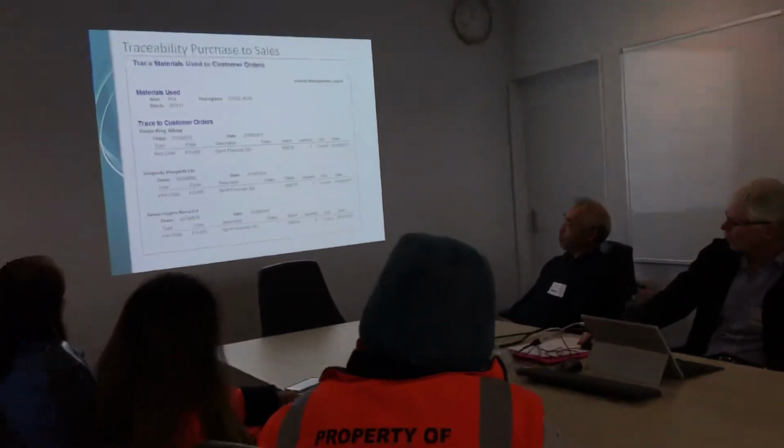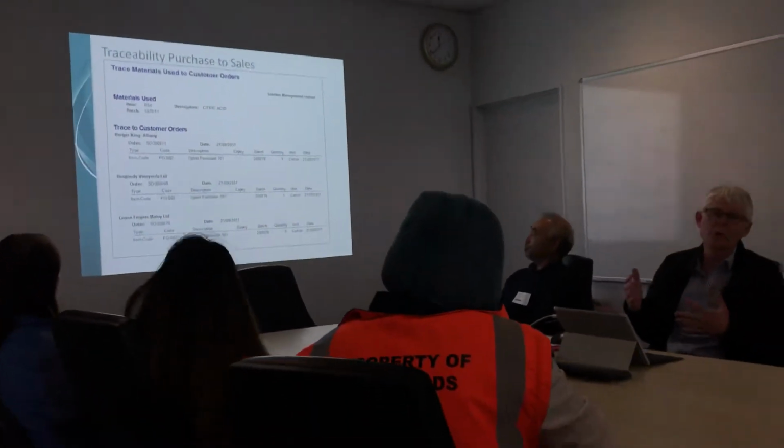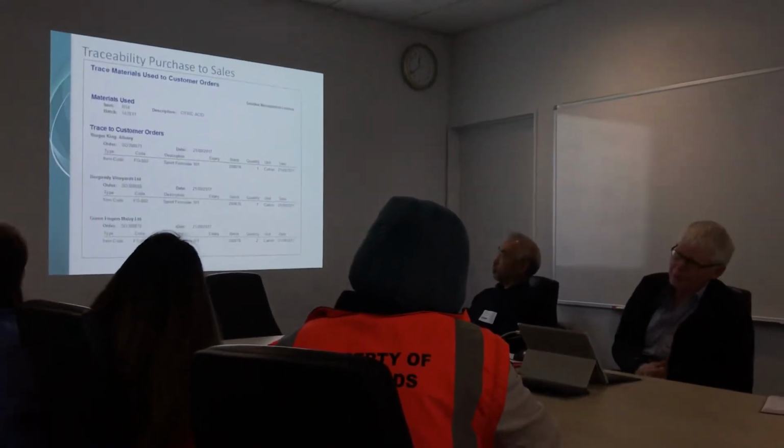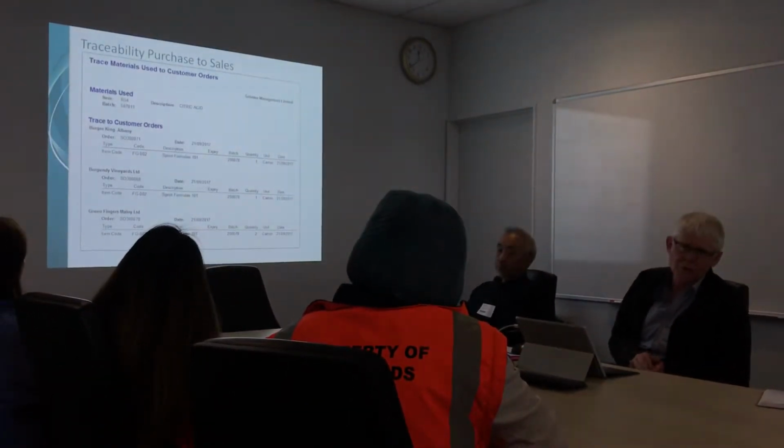So from a recall or traceability point of view, you've got a pretty fast electronic bring up of who you may need to talk to if there is a recall situation for whatever reason. And demonstrating this to your quality assurance auditors, of course, food safety auditors, which you probably have a few, that's a pretty good demonstration in terms of a mock recall, should you need to do it.